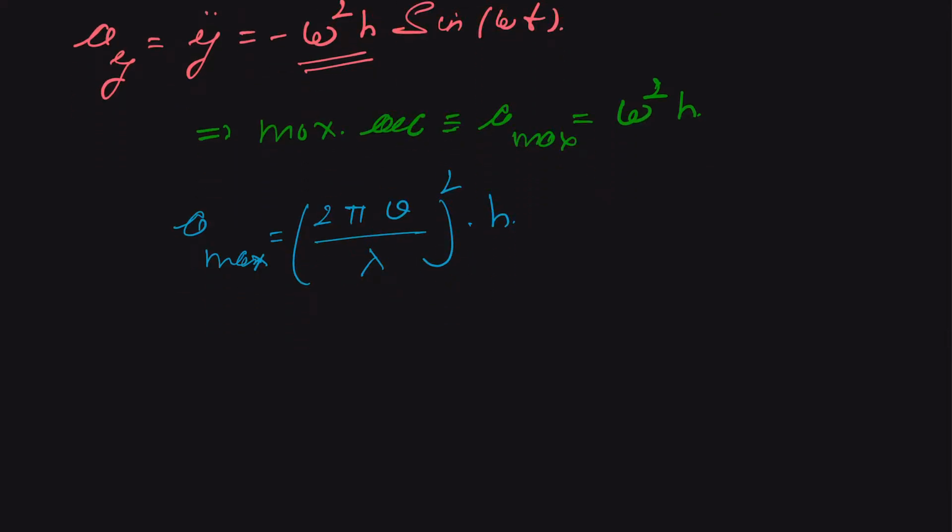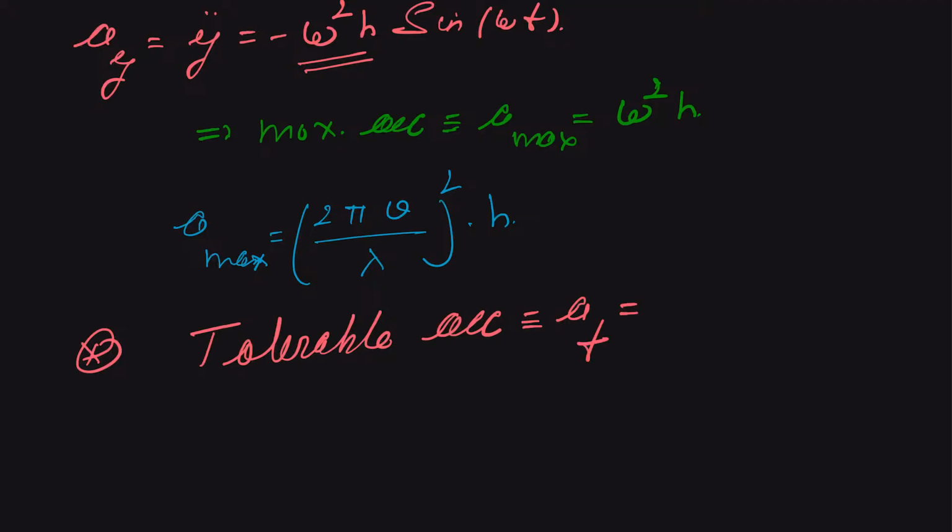So we can say that the tolerable acceleration, let us call this AT, is given to us as 0.1 meter per second square.